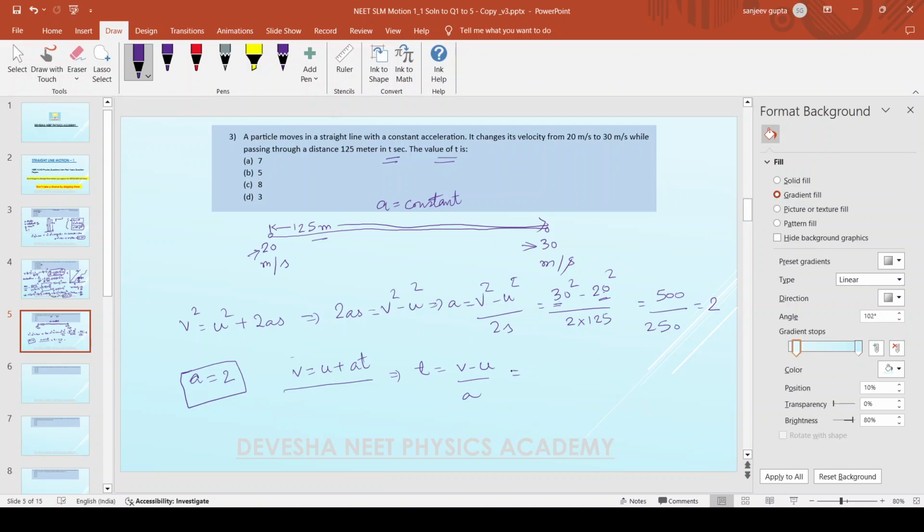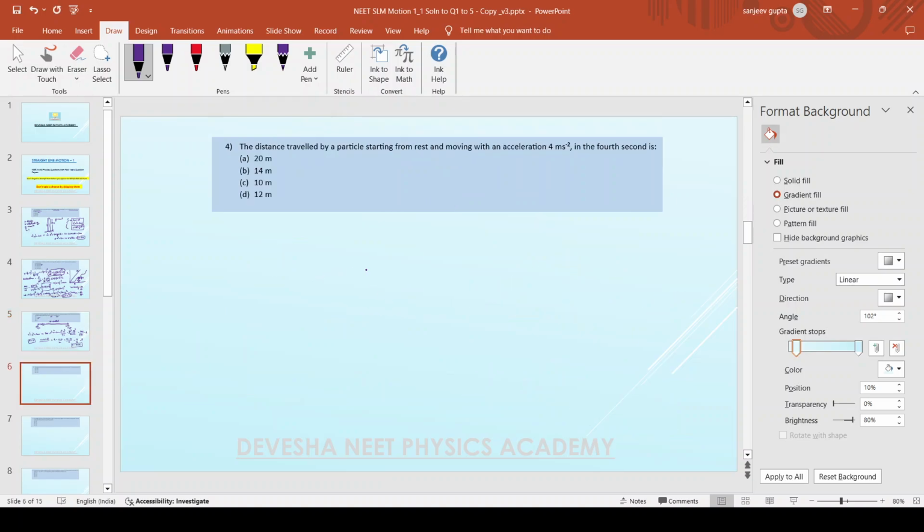V is given to be 30, so 30 minus 20 divided by a, which is 2. So this is equal to 10 by 2, which is 5. It means the time taken is 5 seconds. If we look at the answers, we have this 5 seconds here. Okay, let's move to the next problem now.